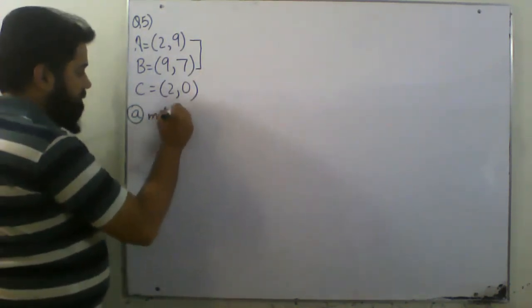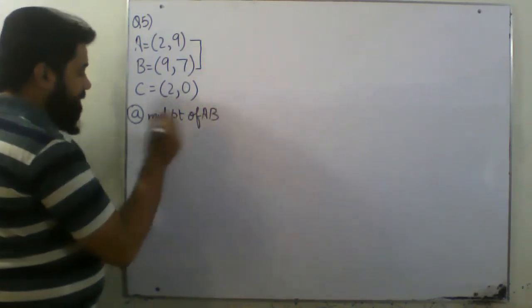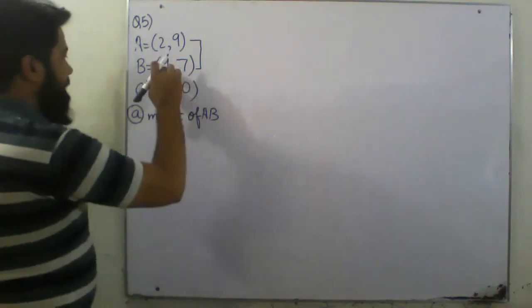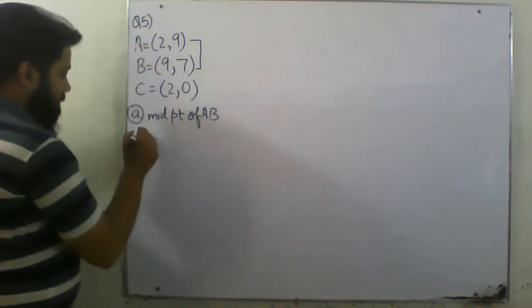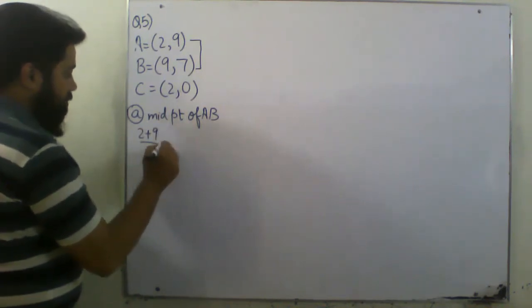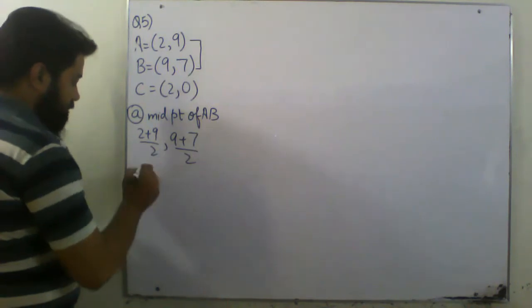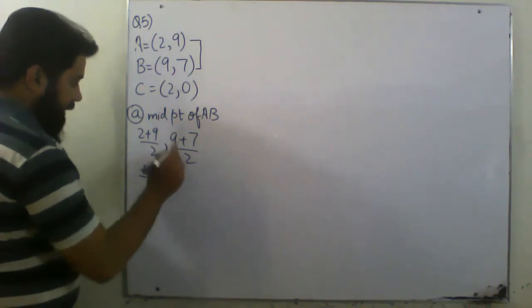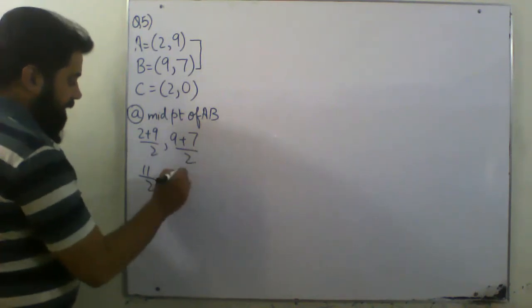Midpoint of AB. So how will I find the midpoint of AB? x1 plus x2 over 2, 2 plus 9 over 2, 9 plus 7 over 2. So that will become 11 over 2, and 9 plus 7 will be 16 over 2. 16 over 2 will be 8.